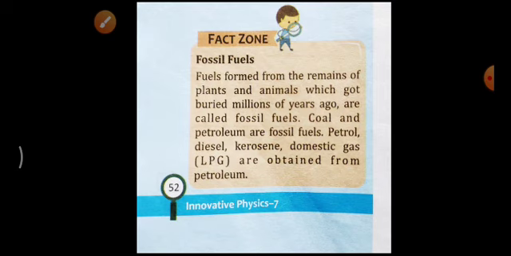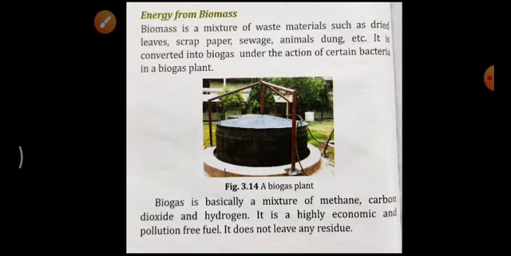Then the next one is about energy from biomass. First we have to see what biomass is, then how we get energy from it. So let's start. Biomass is a mixture of waste material that we get from nature itself, like dried leaves, scrap paper, sewage, and animals' dung, like cow dung.